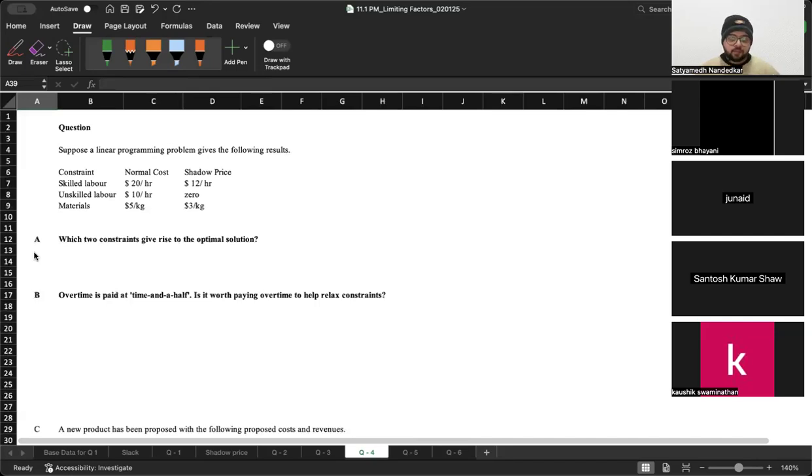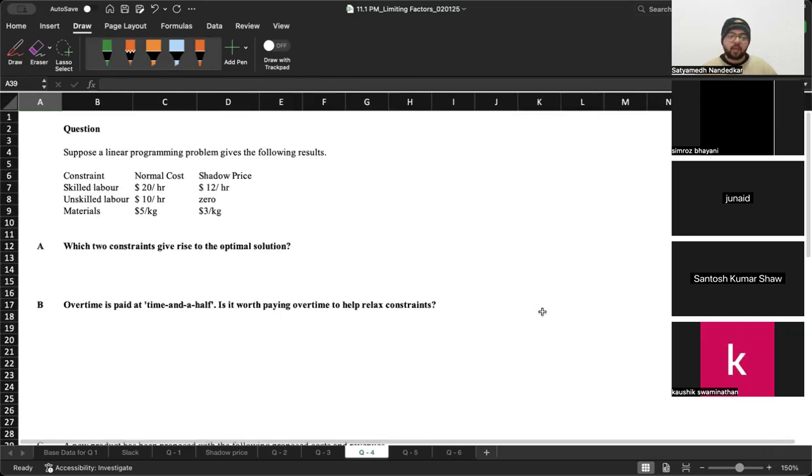Constraint, normal cost, shadow price. Skilled labor normal cost is 20 per hour, shadow price is 12 per hour. Unskilled labor 10 per hour, shadow price is 0. Material normal cost is 5, shadow price is 3 per kg. Which two constraints give rise to the optimal solution?